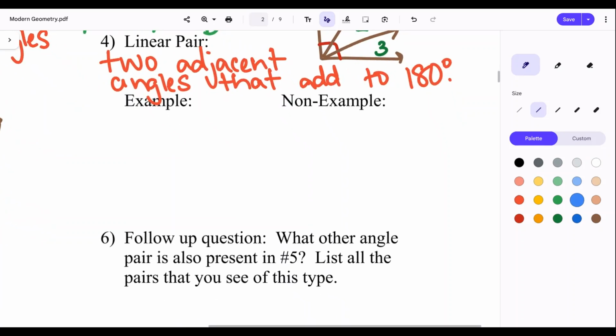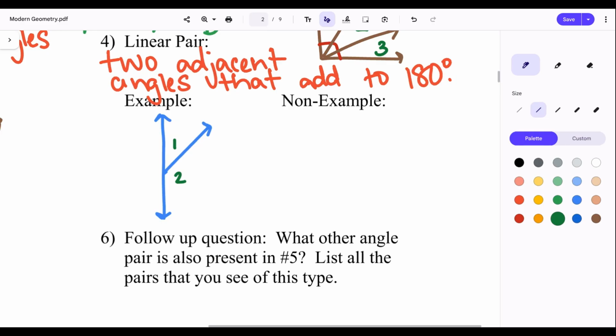So what I showed you earlier with the example where we had a straight line and we had one extra ray coming off, these 2 angles, if I call them again 1 and 2, those would be a linear pair. So a little more specific of a name. Just like we said before with supplementary, they could be together like this or they could have been separate.